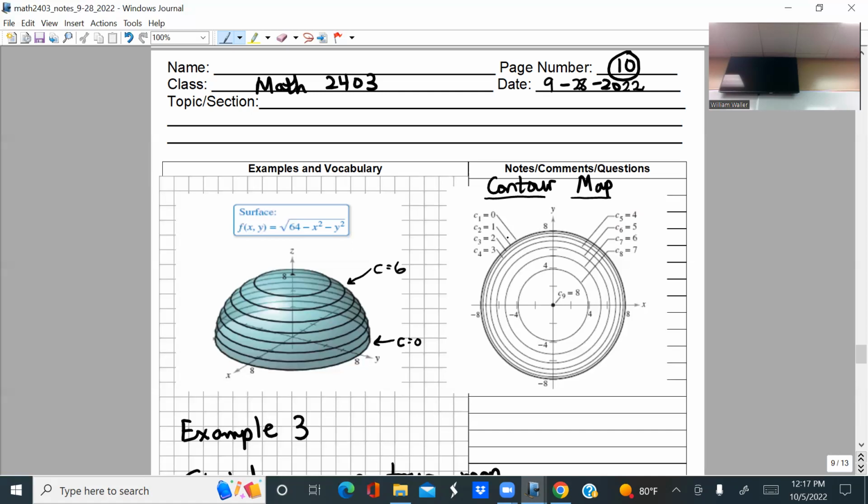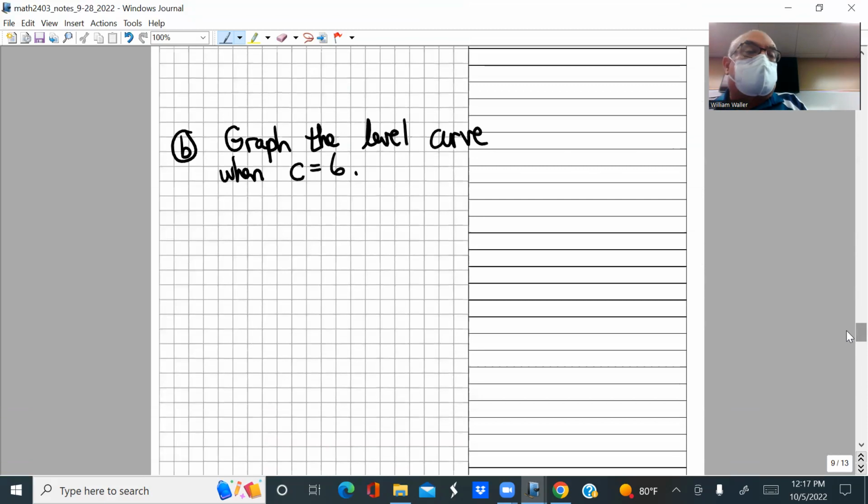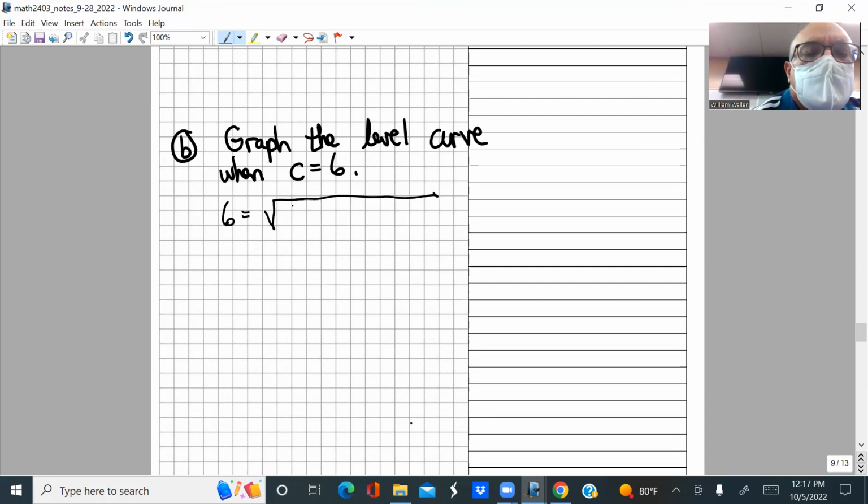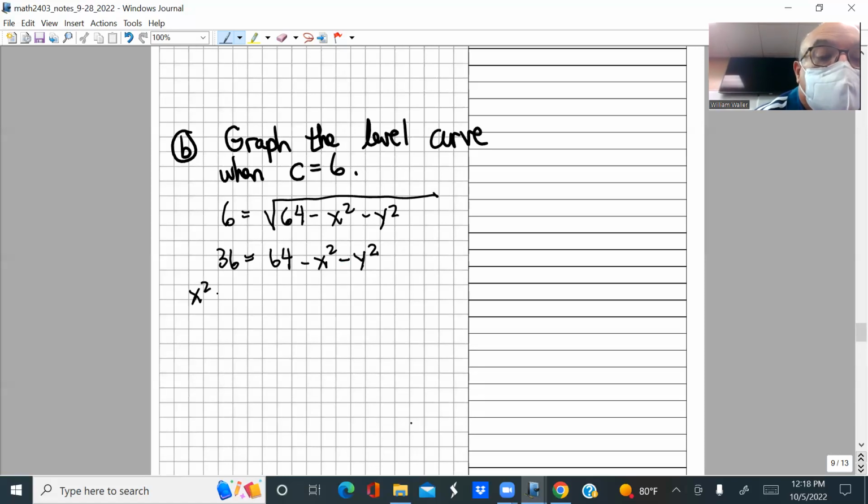Okay. So of course, what happens when you choose different values for C? Let's let C be 6. What happens in that case? So I'd have 6 is equal to the square root of, what was it, 64 minus x squared minus y squared, right? So square both sides, we get 36 is this. You just get a smaller radius, right?